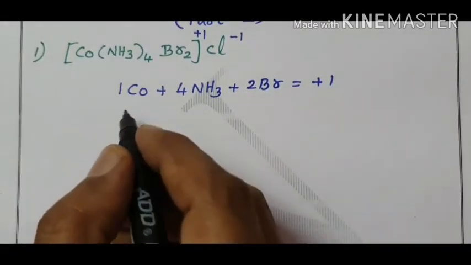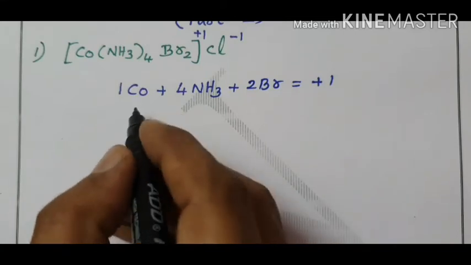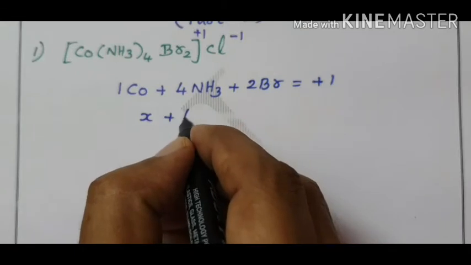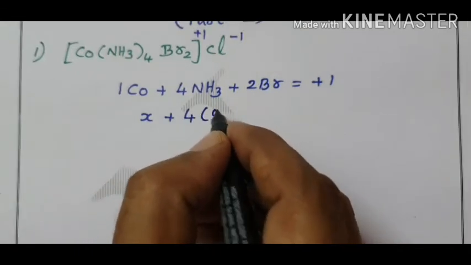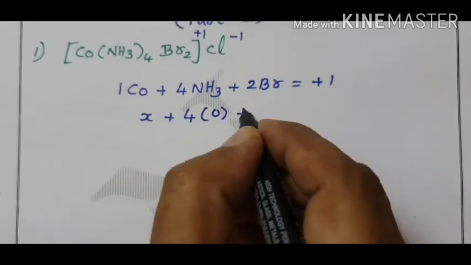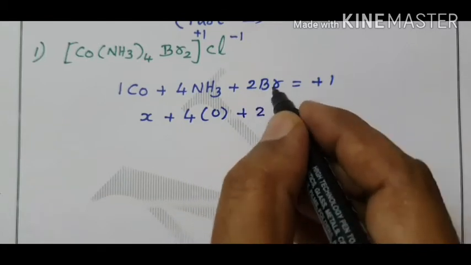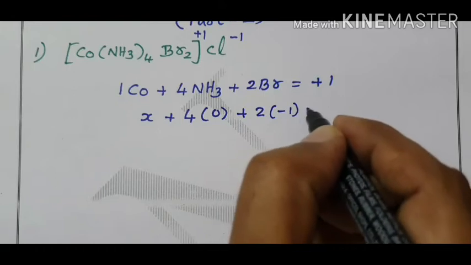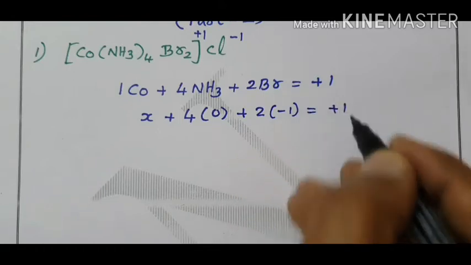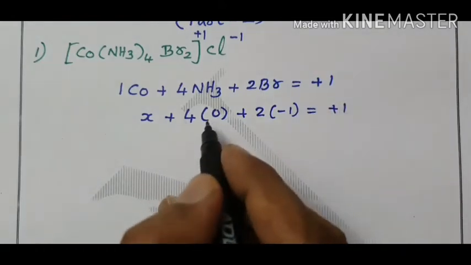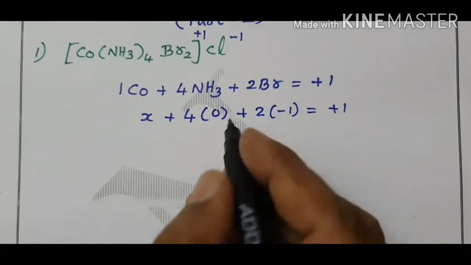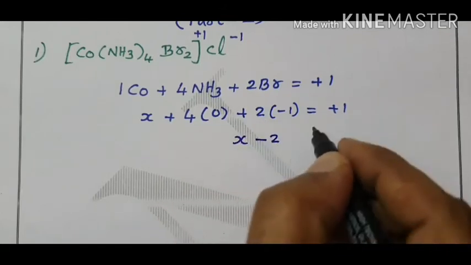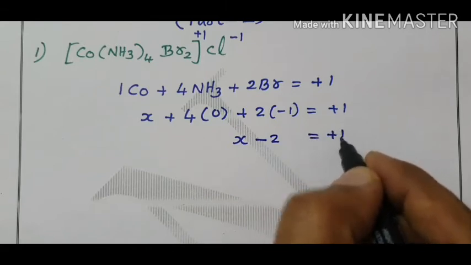Cobalt, we have to determine the oxidation state of cobalt, put it as X, plus amine is a neutral ligand, therefore charge equal to 0, plus 2 into Br, a negative ligand, charge -1, equal to +1. 4 into 0 equal to 0, 2 into -1 equal to -2, so X - 2 equal to +1.